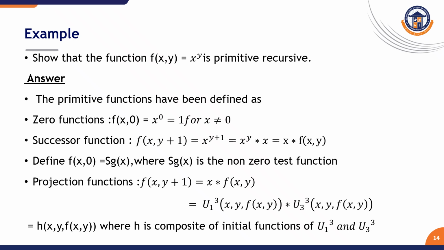That can be written in projection form as u1 power 3 of x comma y, f of x comma y star u3 of 3 x comma y comma f of x comma y, equal to h of x comma y, f of x comma y, where h is the composite of the initial functions u1 of 3 and u3 of 3. Here this represents the position and this represents the variable.